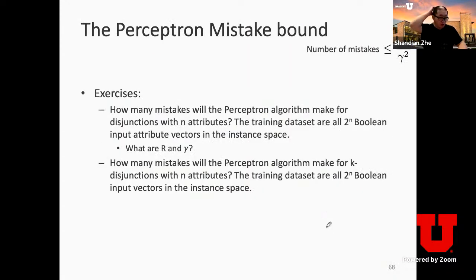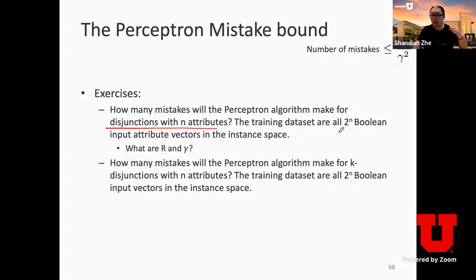So next, we're gonna use this bound to estimate the number of mistakes for several specific functions, as an application of this bound. The first exercise is to estimate the number of mistakes the perceptron algorithm will make for learning a disjunction with n boolean attributes.